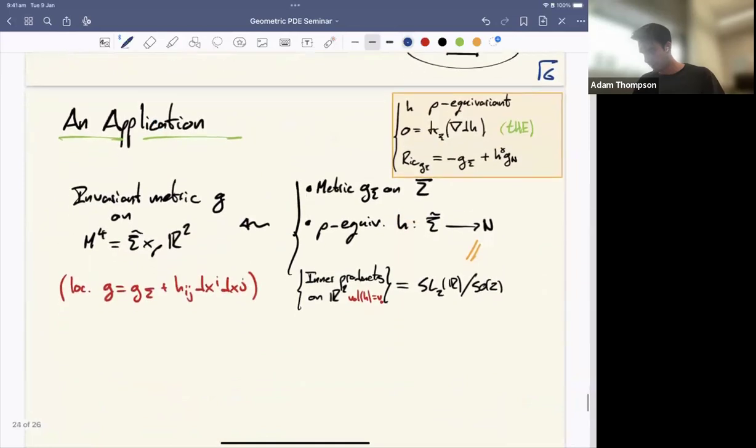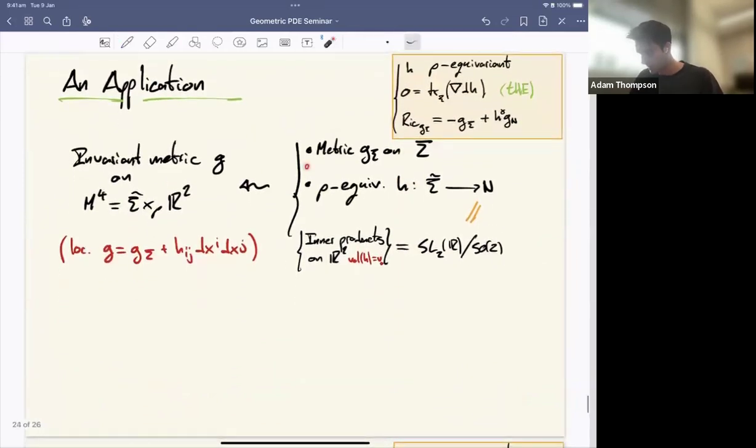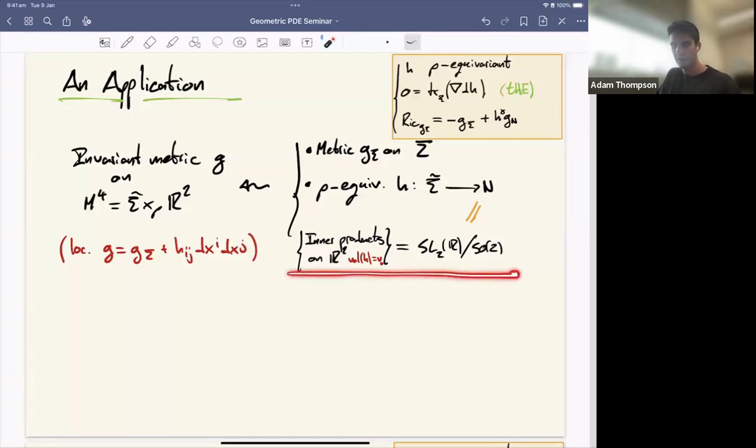Now, if I take one of these vector bundles and I specify a metric on my base and a rho equivariant map coming from the universal cover of my base to SL2R mod SO2R. So the significance of this is SL2R mod SO2R parameterizes inner products on R2 with a fixed volume form.